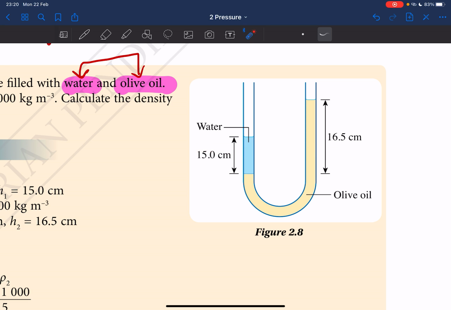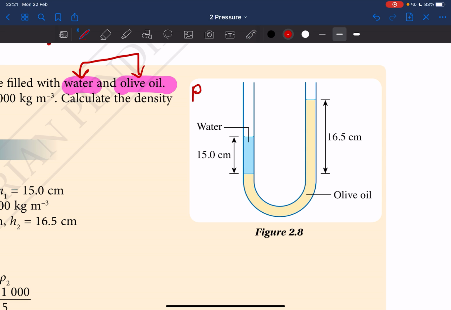We know that the formula for pressure in liquid is H rho G. So the lowest point that we know between the water and the olive oil, where we have the height, is here, which means we can simply take that the pressure here is equal to the pressure here.